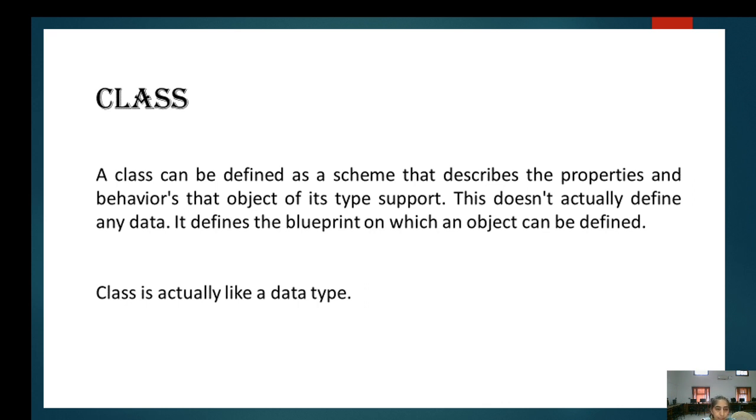Here you define that we are going to define this type of object. This does not actually define any data. Class does not define any data. It just defines the prototype of data. It defines the blueprint on which an object can be defined.